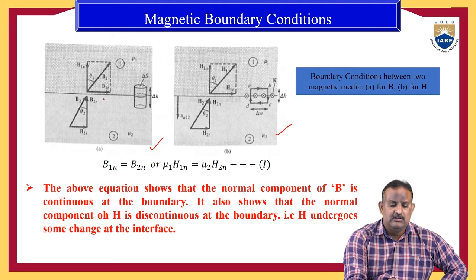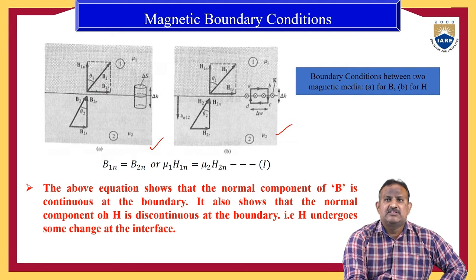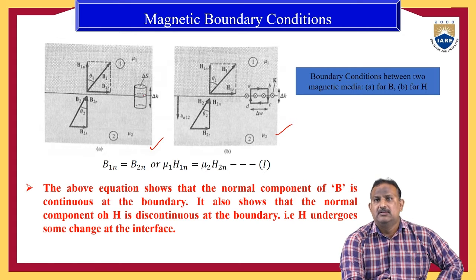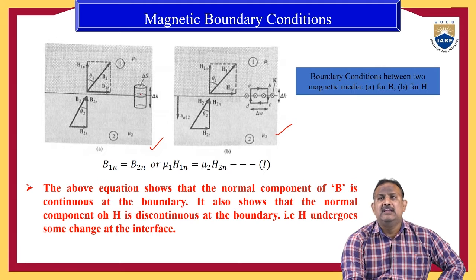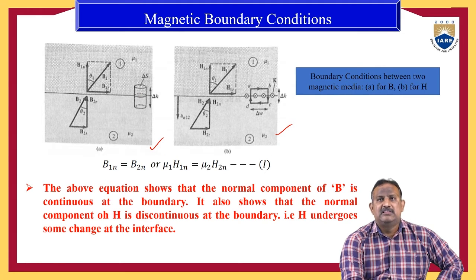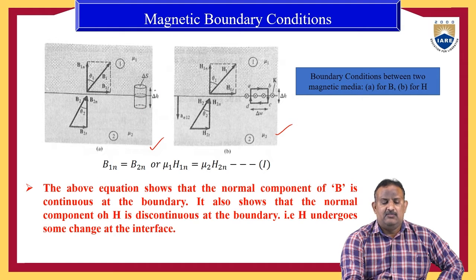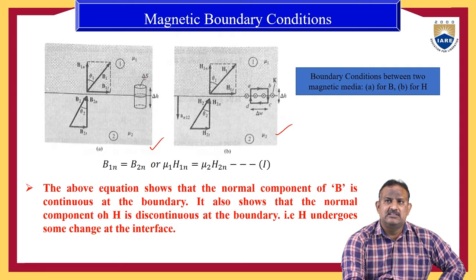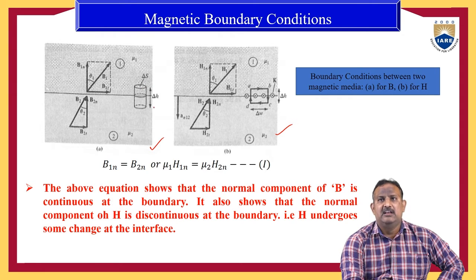Let us take the first figure. To find the magnetic flux density, assume a cylindrical pill box. Delta S is the surface area and delta H is the height of the cylindrical pill box.